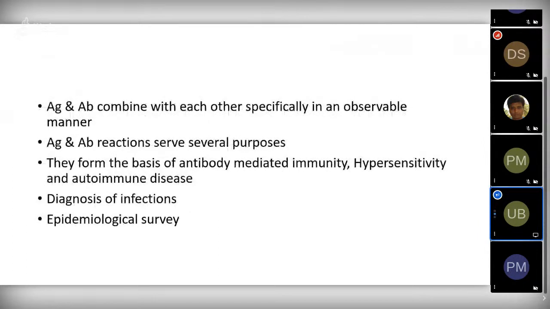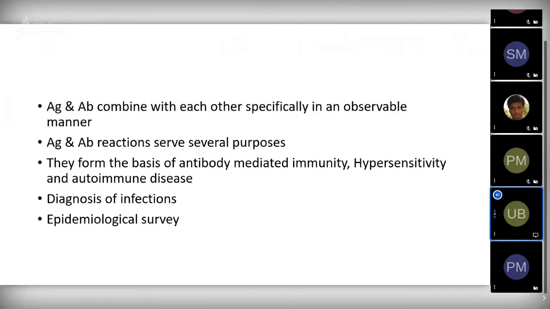So coming to antigen and antibodies, they combine with each other specifically and in an observable manner. Specific and observable manner are the main key points in this antigen antibody reaction. And these antigen antibody reactions can serve several purposes.